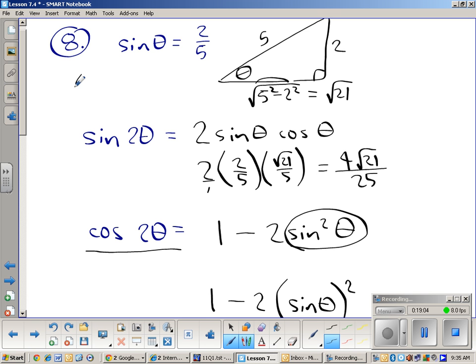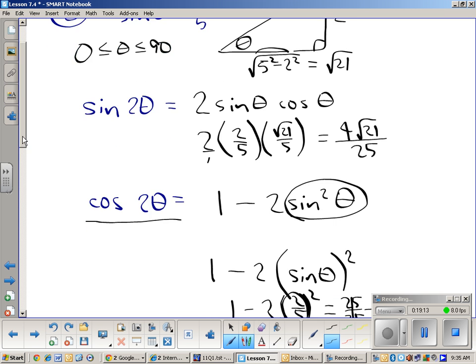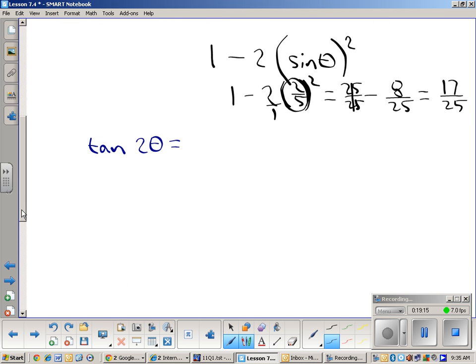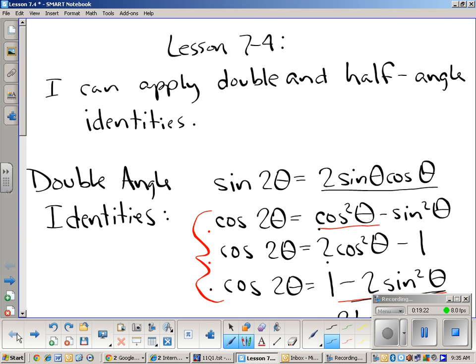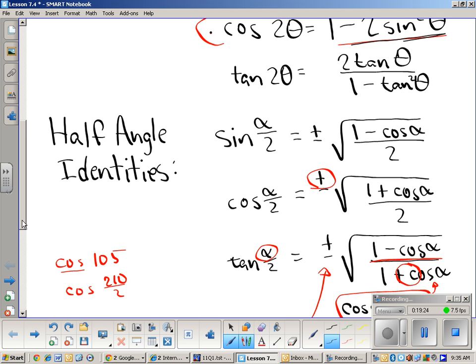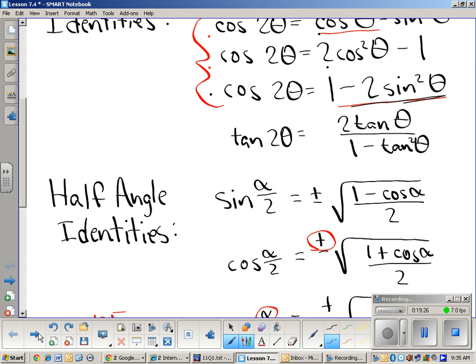I left this stuff out. So the tangent would be 2 over 21, and then you'd have to rationalize the denominator for the tangent. Well, let's write the rule down. I don't remember it. It's 2 tangent theta over 1 minus tan squared theta.